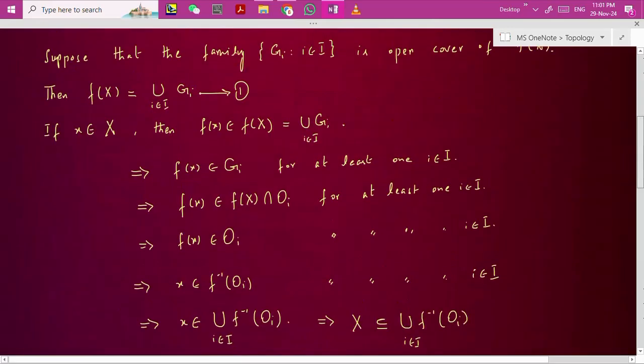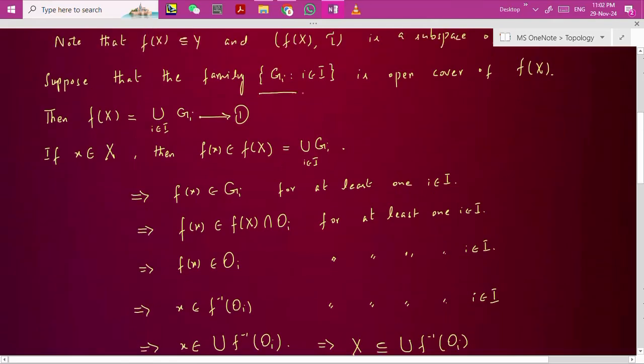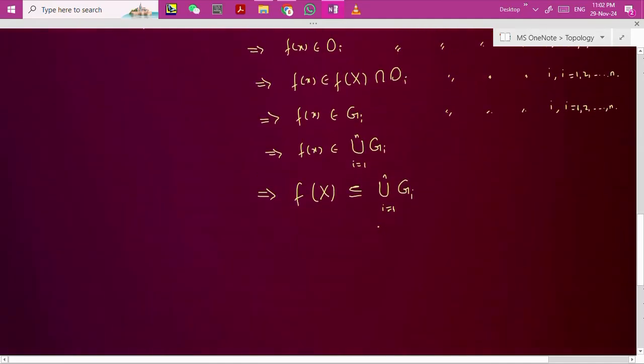So before, we supposed that this family is an open cover for f(X), and we have now found a finite subcover of this open cover, that is g1, g2, and so on up to gn. This is a finite subcover for the above open cover.